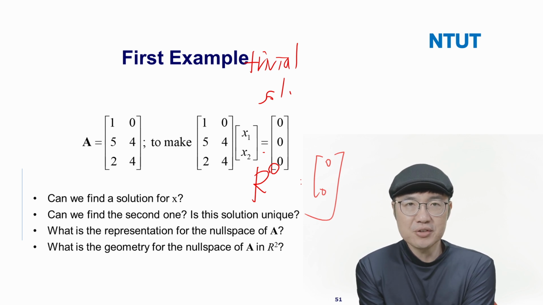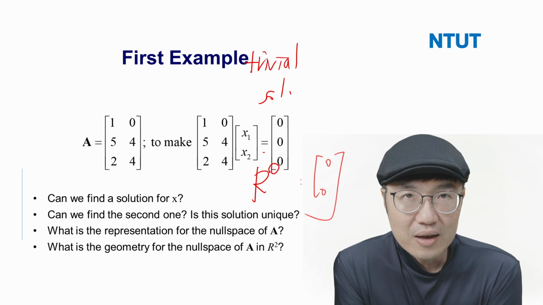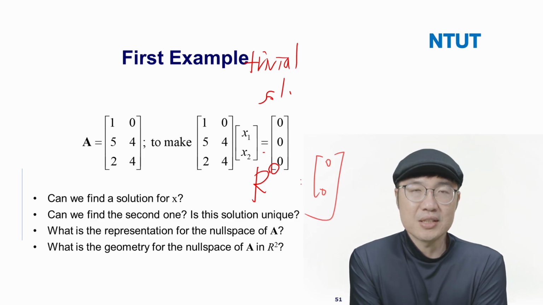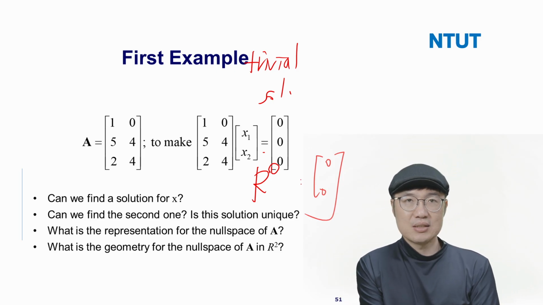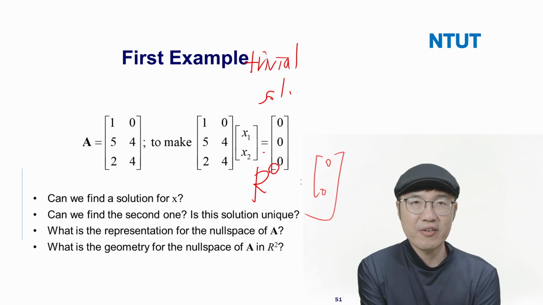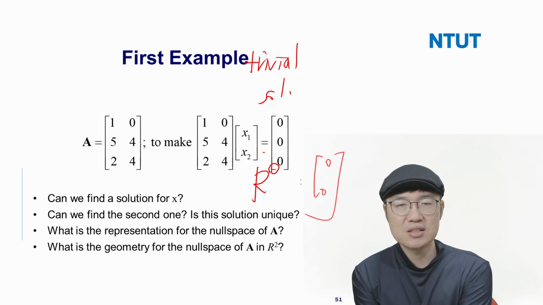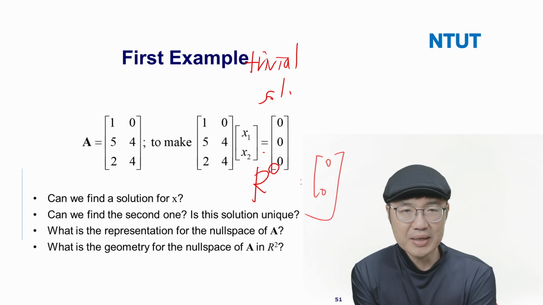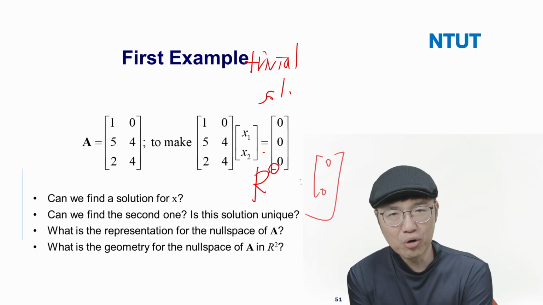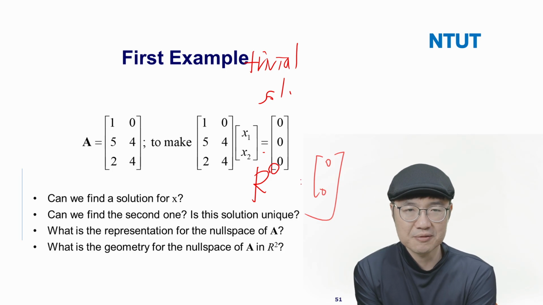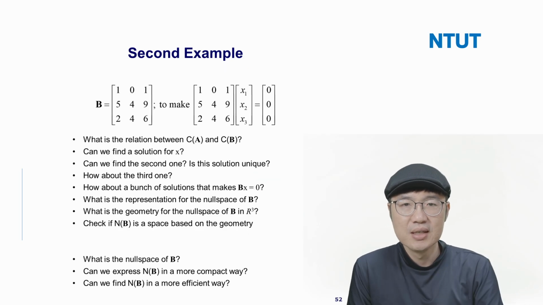This further tells us there is always a null space for any matrix, because you can always find the origin serving as the null space vector. It's just a point, I know, but it's also a null space vector, a point in this case.